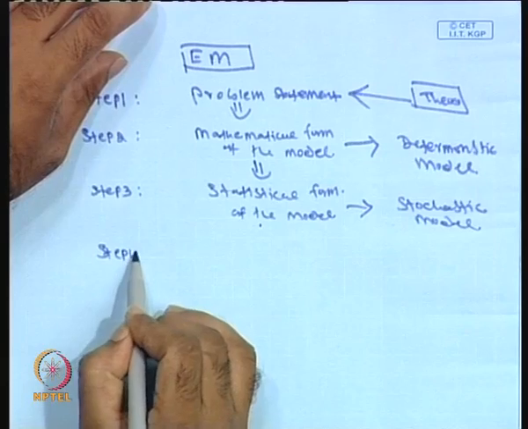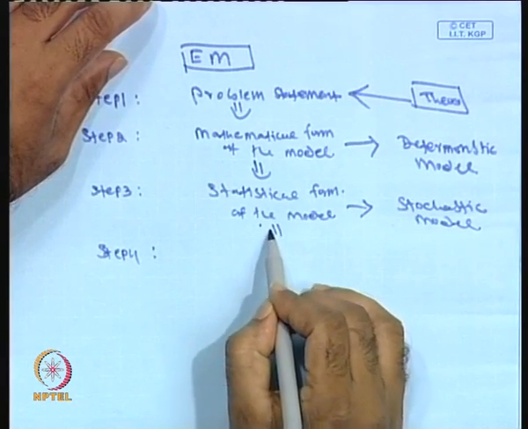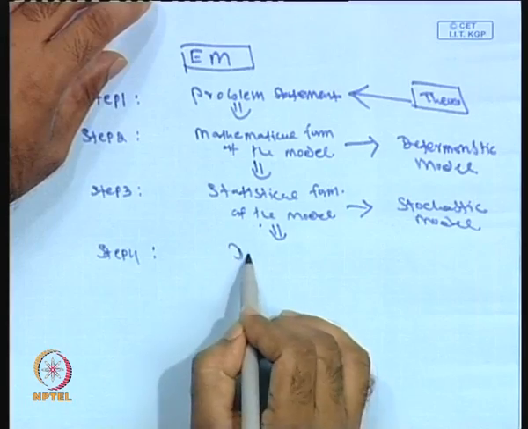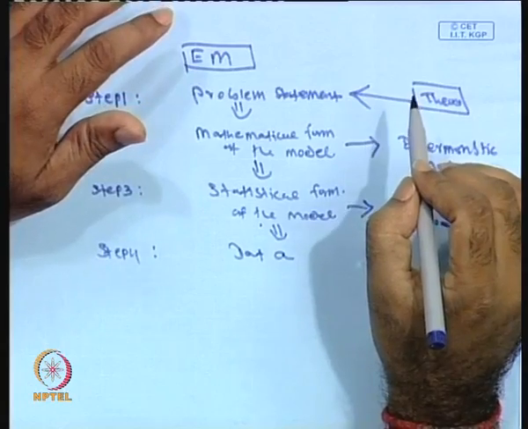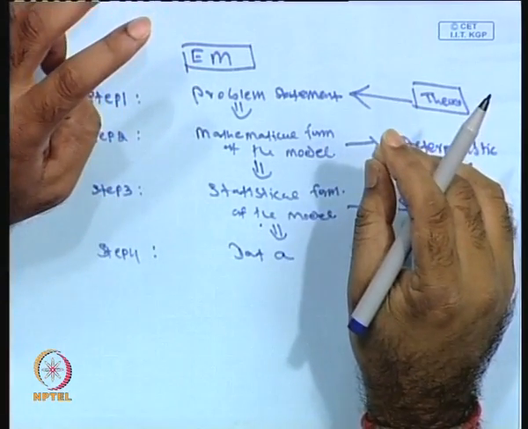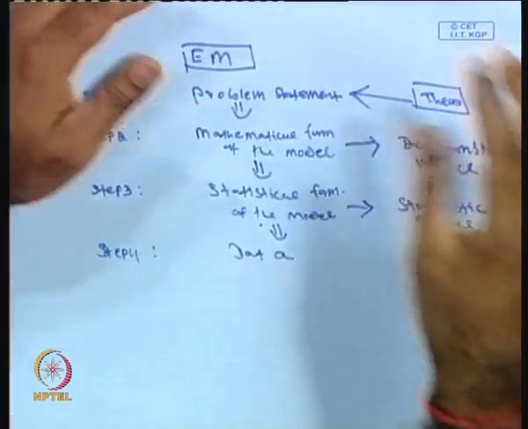The step 4 process is that you need to have information, which we call data. Data has to be there to investigate the statistical models. So the whole idea is we bring a problem from the existing theory, then that problem is transferred into the mathematical form of the model, and then that mathematical form can be transferred into the statistical form of the model.